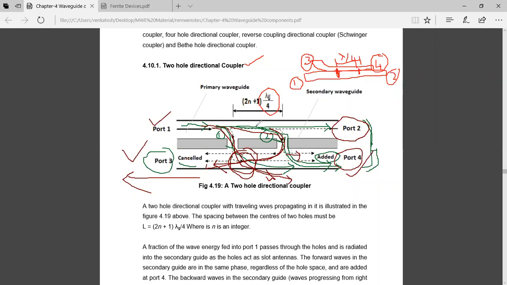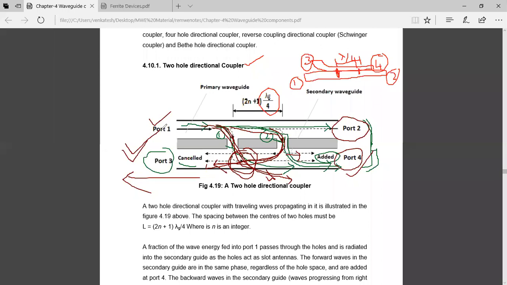Similarly, coming to port 3, the energy coming out of port 1 and the energy coming out of port 2, while moving towards port 3, get cancelled because they are opposite in phase. Hence, no energy comes out through port 3. So this is how we can explain the working functionality of directional couplers.